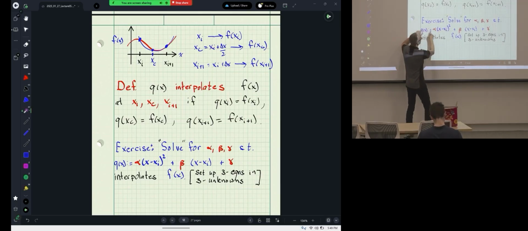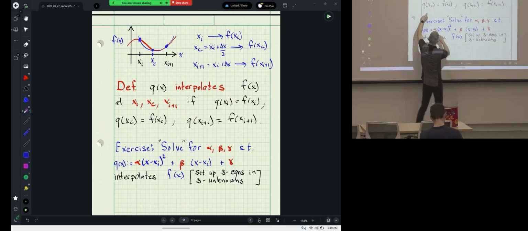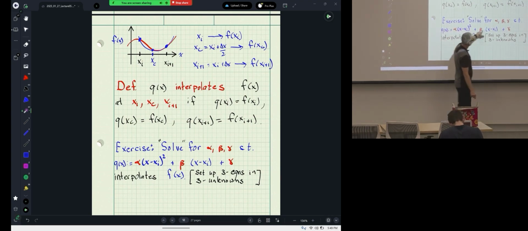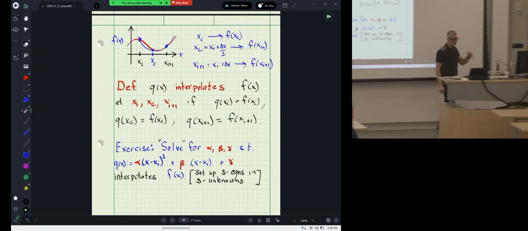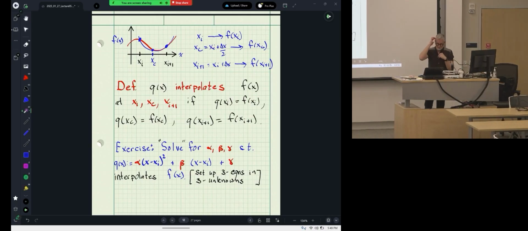And then I've got interpolation conditions at xc. But xc is xi plus delta x over 2. So this becomes delta x over 2, and this is f of xc. And you get linear relations between alpha, beta, gamma.